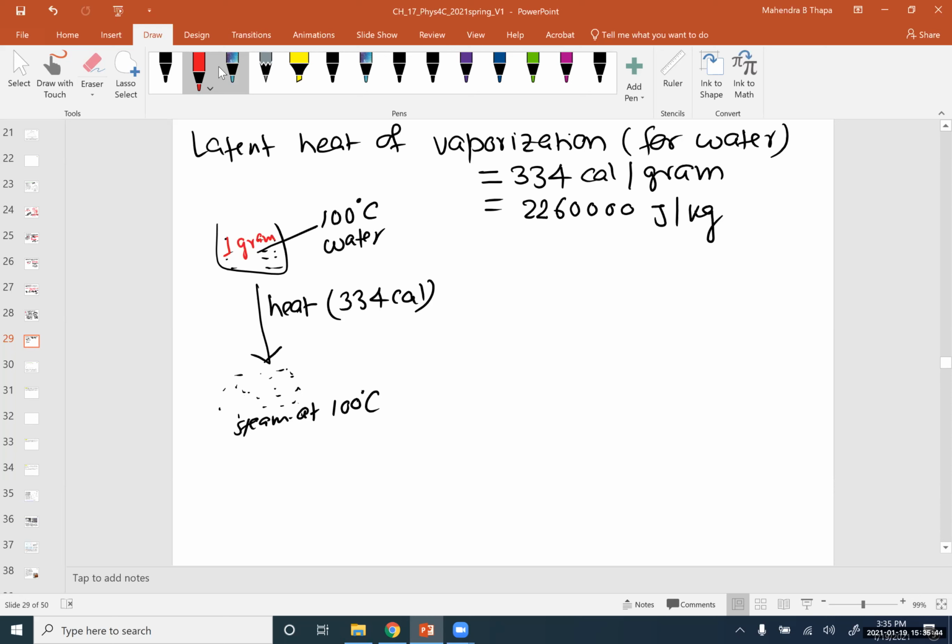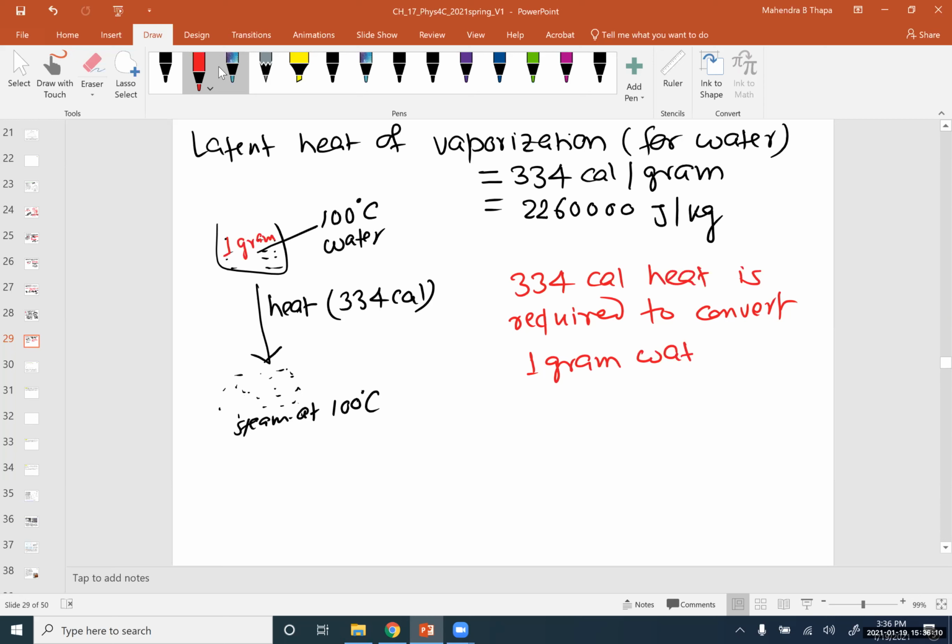This gives you the idea that 334 calorie of heat is required to convert 1 gram of water at 100 degrees Celsius to 100 degrees Celsius steam.